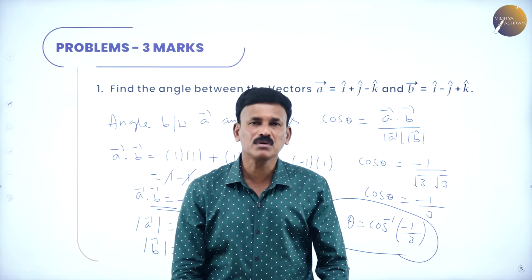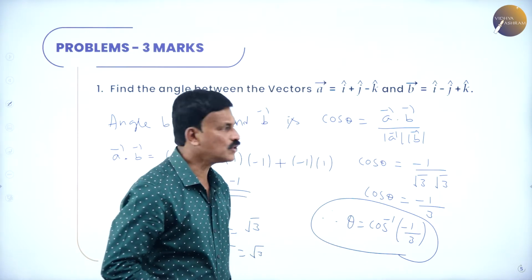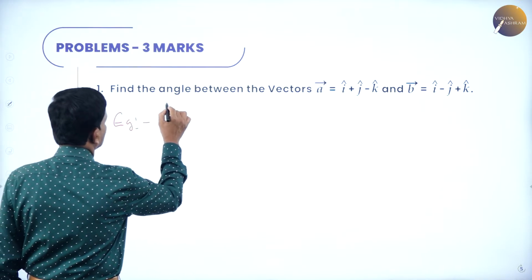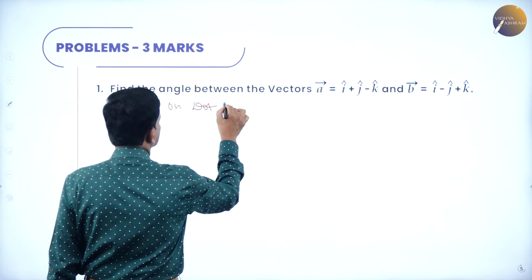Before going to the next problem, let me teach a few problems in the scalar product, that is the dot product. Let me take a few examples on dot product.